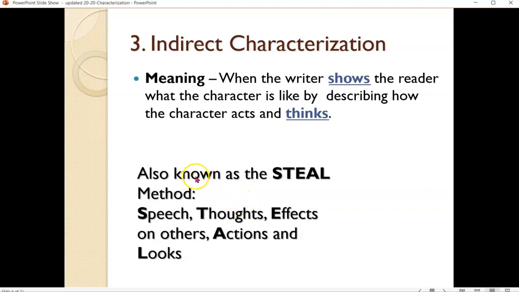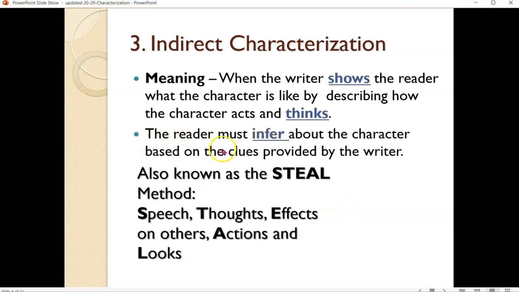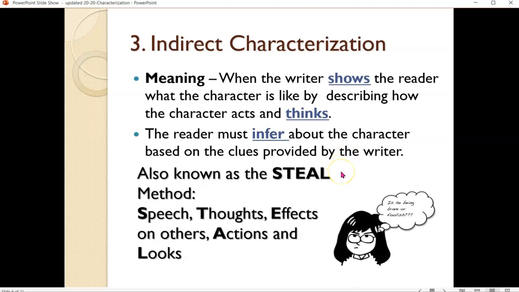So like their attitude and the type of person they are, you get to know that simply based on the things that are revealed about them through their actions, through their thoughts, through how they act towards others, through how they look, through what they say. Okay? So this one is not as in your face. Sometimes you have to kind of dig at this one a little bit more. All right. And then there's the second point, the reader must infer about the character based on the clues that is provided by the writer. All right. And then there's our picture.